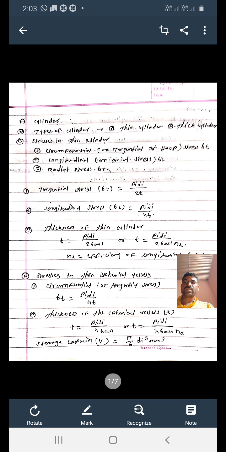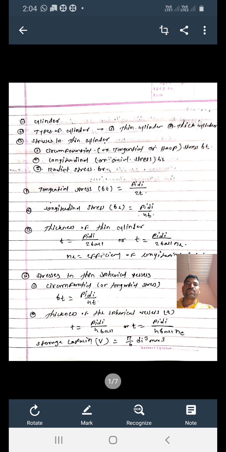We have seen that if the ratio of the internal diameter to the thickness is greater than 20, then the cylinder is considered to be a thin cylinder. And for a thick cylinder, the ratio of the inner diameter to the thickness is less than 20.